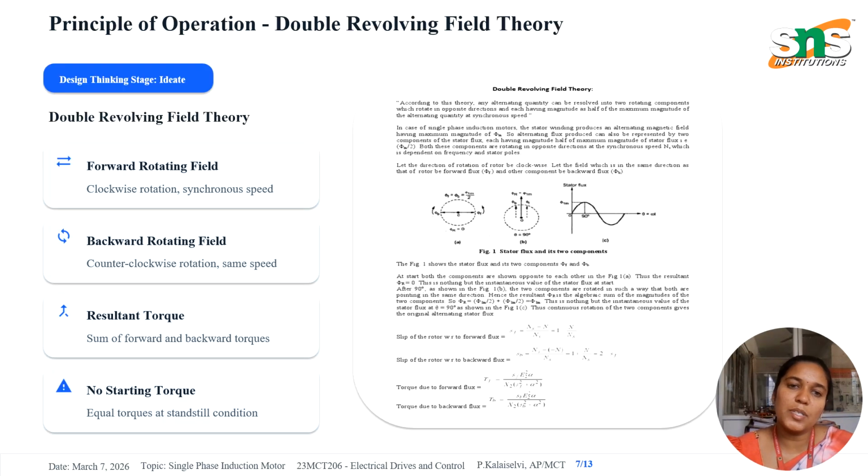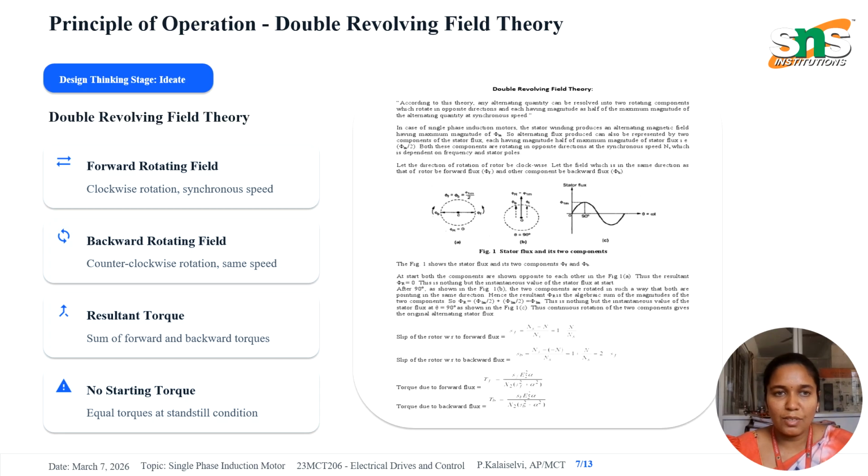And now the principle of operation. The working principle of a single phase induction motor is explained using the double revolving field theory. According to this theory, the alternating magnetic field produced by a single phase supply can be resolved into 2 rotating fields. One is the forward rotating field, another one is the backward rotating field.